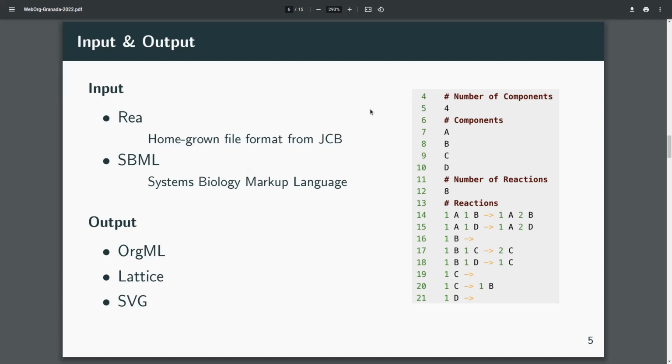A lattice file .ltc is more or less the same, but it's for Hasse diagrams, and it also needs an SBML or REA file to be fully recreated. The SVG output is a picture or an image. It's a scalable vector graphic.